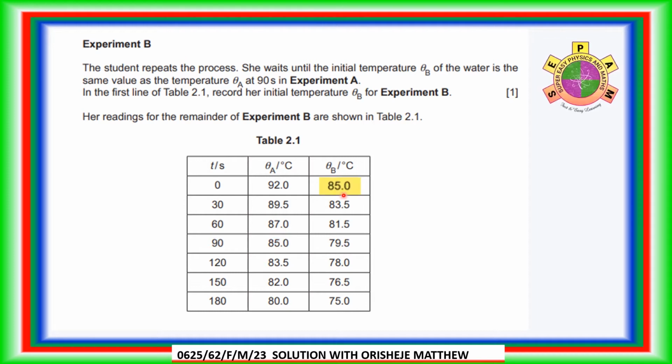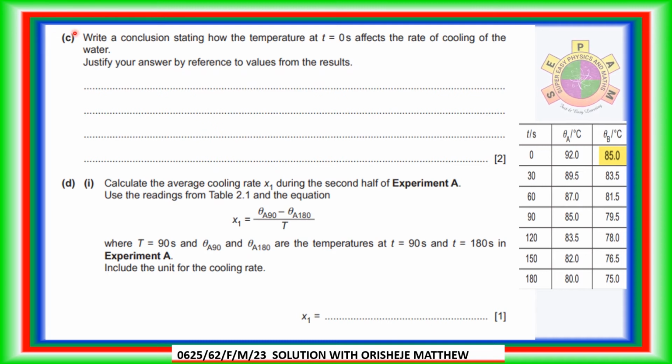That will become the initial point for experiment B. And then she did the timing for the next 180 seconds, and the temperature dropped to 95 degrees. Write a conclusion stating how the temperature at 0 seconds affects the cooling rate of the water. Justify your answer by reference to values from the table.